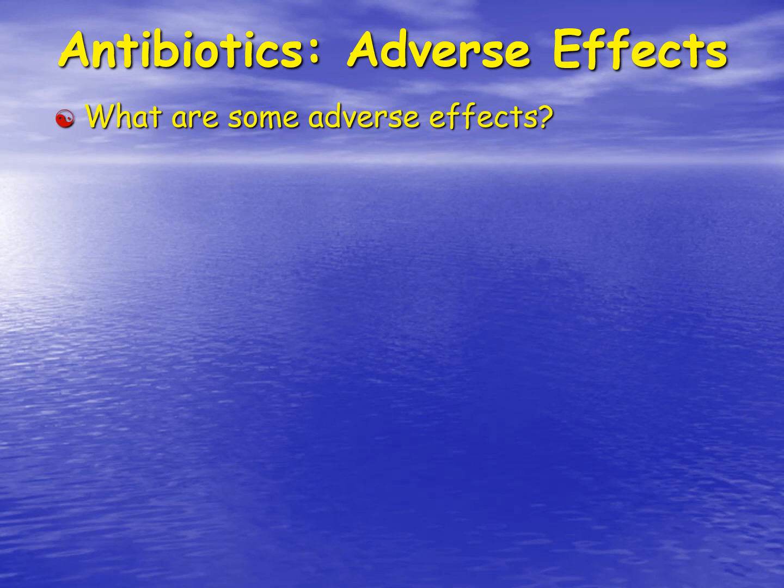Now, what are some adverse effects of antibiotics, or are there any adverse effects of antibiotics? Well, there can be. One is these are toxic. Now, if we can choose antibiotics that work on things unique to the bacteria, they tend not to be toxic to us. So things like penicillin and cephalosporins that work to break down the peptidoglycan in the cell wall of bacteria, our cells don't have that, and therefore they're not going to be toxic to our cells.